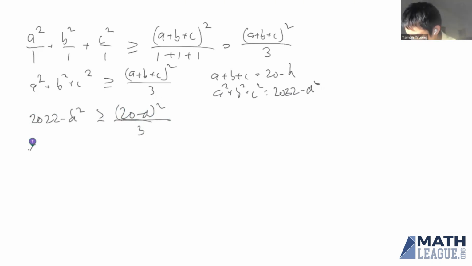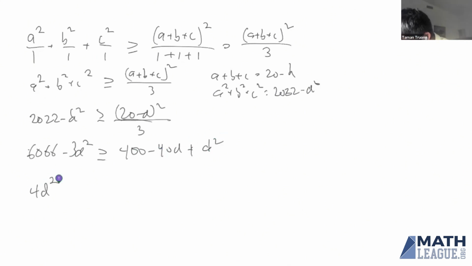So just multiplying each side, you get 6,066 minus 3D squared is greater than or equal to 400 minus 40D plus D squared. Moving everything to one side, we get 4D squared minus 40D minus 5666 less than or equal to 0.